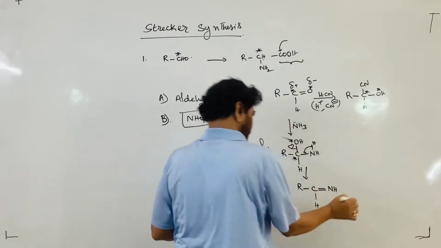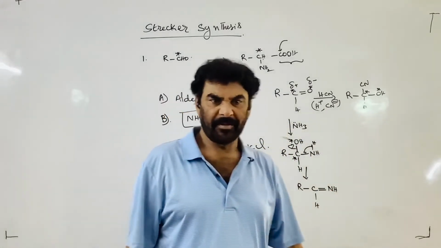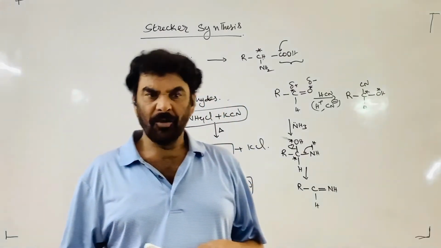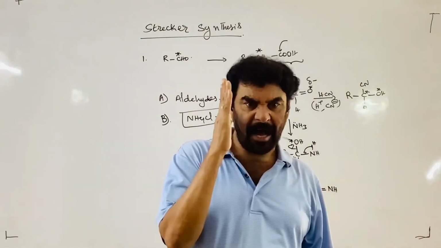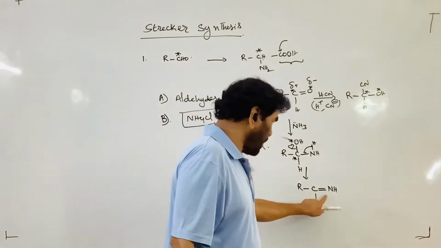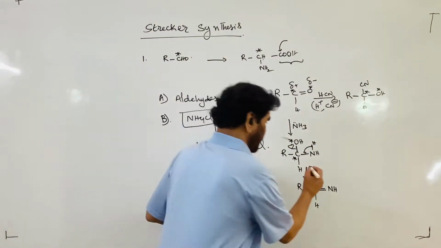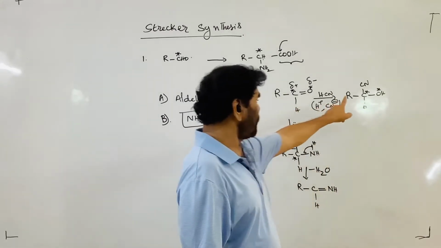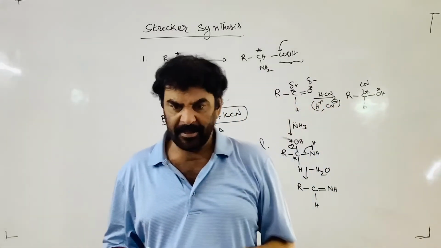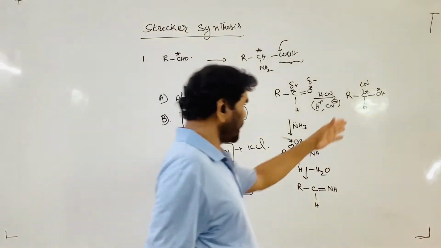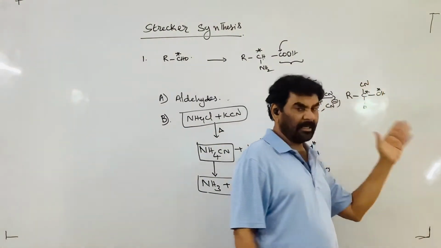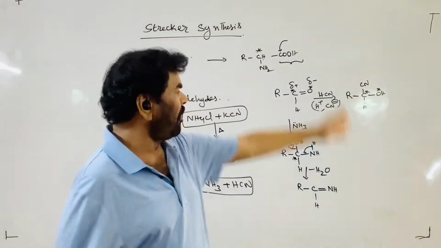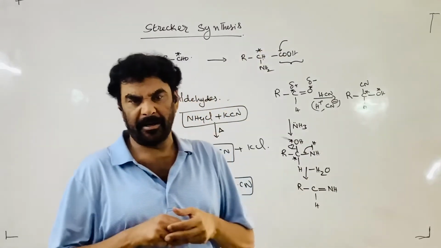So the carbonyl compound reacts with ammonia to give the imine, addition followed by elimination. The carbonyl compound independently reacts with HCN to form the alpha hydroxy nitrile, which we call cyanohydrin.